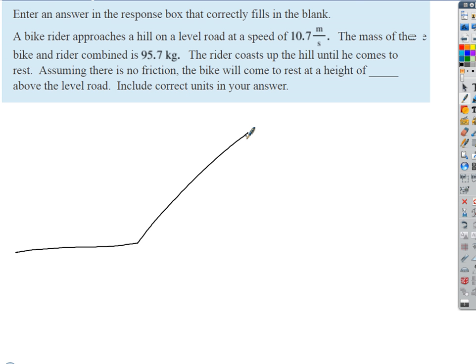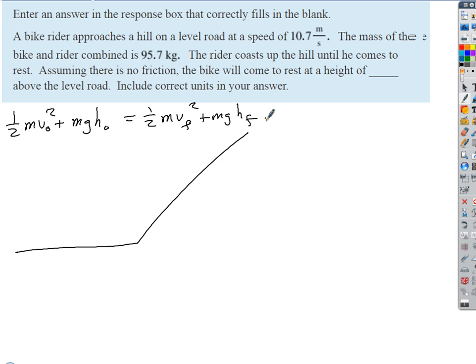So all that's saying is my initial kinetic energy plus gravitational potential energy, so 1/2 m v naught squared plus m g h naught equals 1/2 m v final squared plus m g h final, right?